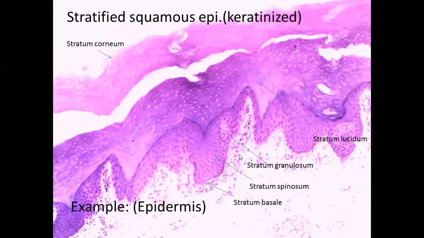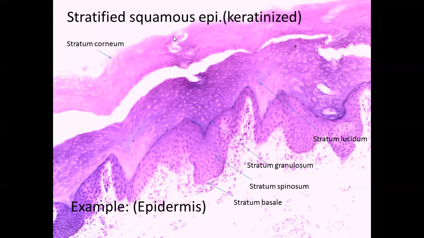Another example, another slide from the stratified squamous epithelium, keratinized. It consists of 5 layers. Number 1, stratum basale. This is stratum spinosum, stratum granulosum, because the cytoplasm of the cells in this layer contains granules, for this it is called stratum granulosum, stratum lucidum, and finally the sloughing layer, stratum corneum.